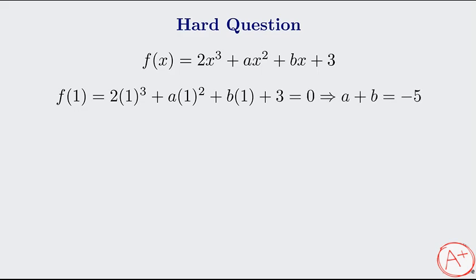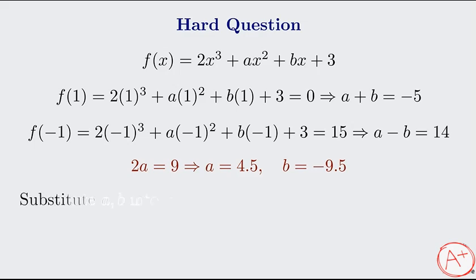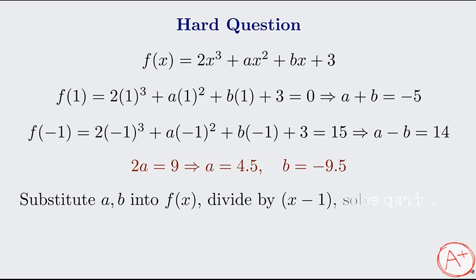Using the remainder theorem for x plus 1, f of minus 1 equals minus 2 plus a minus b plus 3 equals 15, which simplifies to a minus b equals 14. Adding the two equations gives 2a equals 9, so a equals 4.5. Then b equals minus 9.5. Substitute a and b back into f of x and divide by x minus 1 to find the remaining roots, using the quadratic formula.